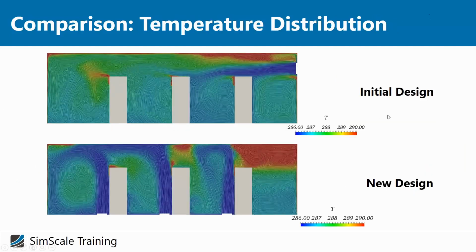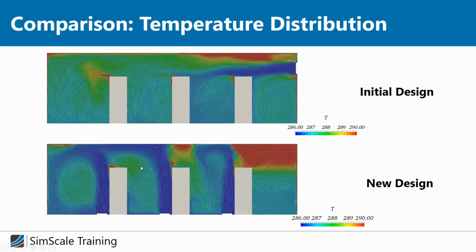Here again, a comparison of the initial and the new design. And here you can really see how this new position is optimizing the heat transfer and reducing the surface temperature on the racks, because this cold airstream is leaving exactly in front of the rack.